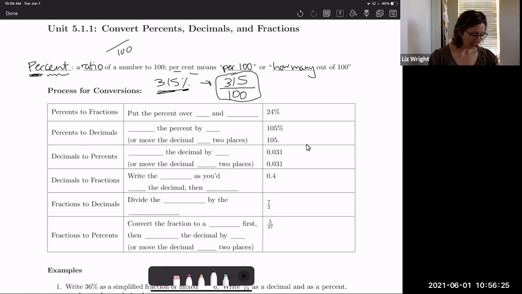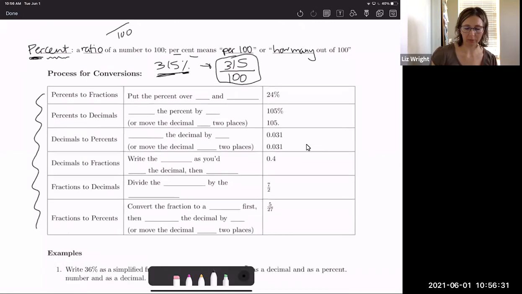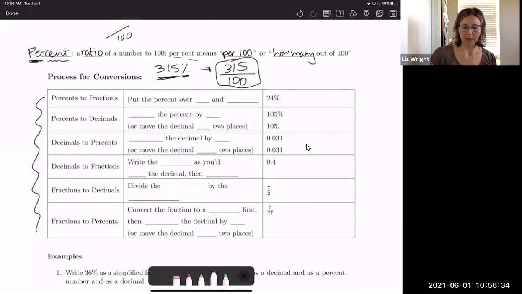So we are going to fill in these blanks here. Here are all of our conversions that we're going to work on down below in these examples. So in this table, we're just going to fill out what the process is. In the first one, when we're taking percents to fractions, we're going to put the percent over 100, just like I did for this example. We're going to put it over 100 and simplify if need be.